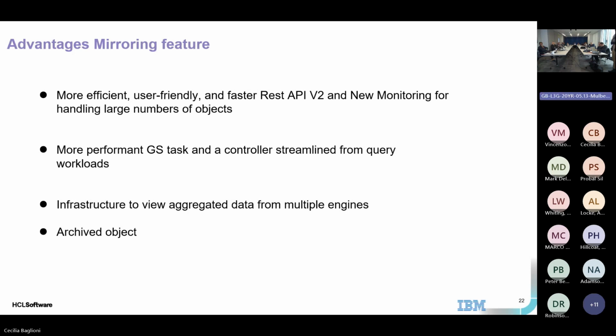Thanks to the query that will no longer be executed on the controller, we have also a more performant GS task and controller. We built also an infrastructure to view aggregated data from multiple engines and in the future to perform queries on multiple engines. And also the archived objects that we have seen previously, to have a sort of historical archive of what happened inside the plan in the past 7 days.